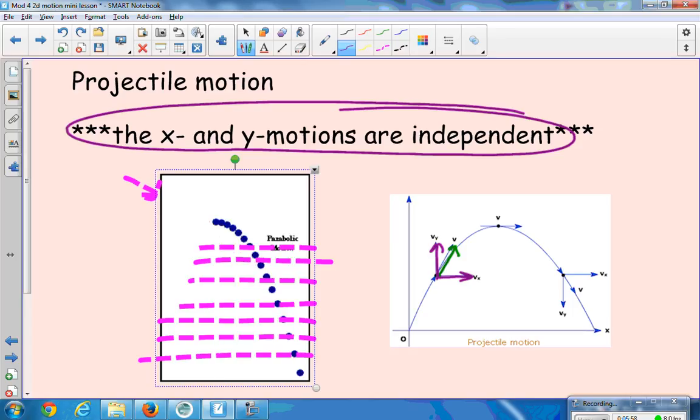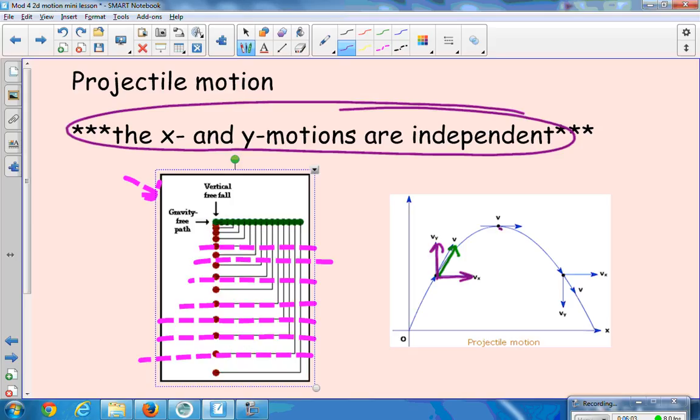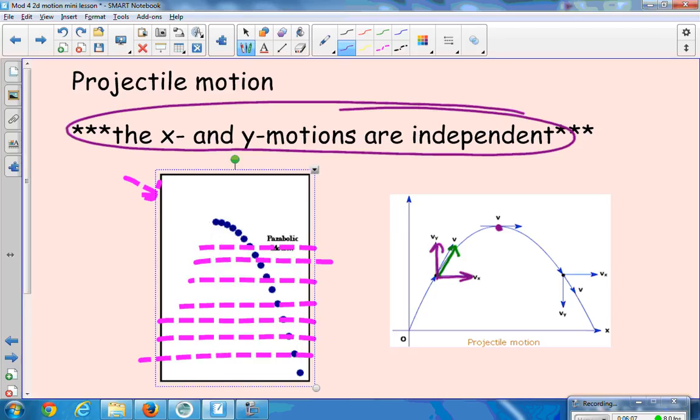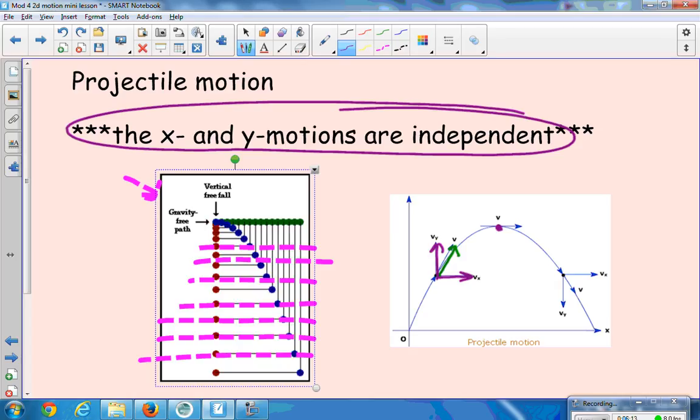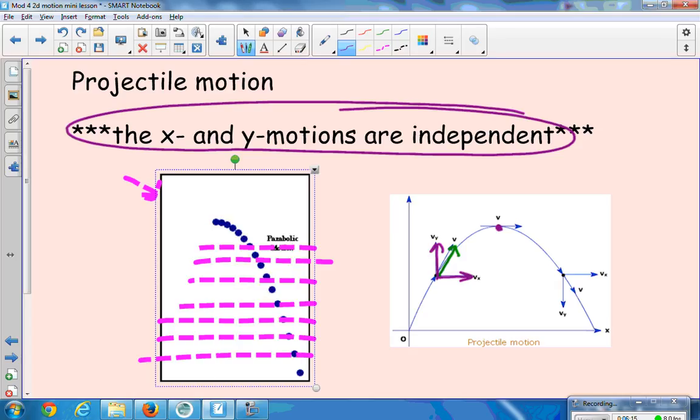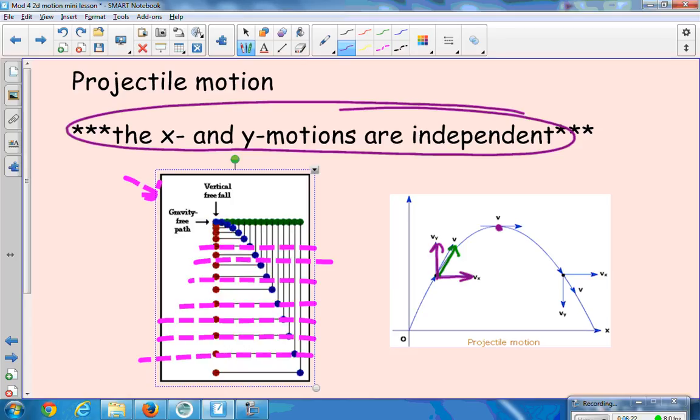A couple things to notice in this diagram. At the apex, at the very top, notice what's the shape? Hopefully all said parabola. It is exactly a parabola. Anything under the force of gravity only, unless it's dropped straight down, which is a straight line, follows a parabolic course.